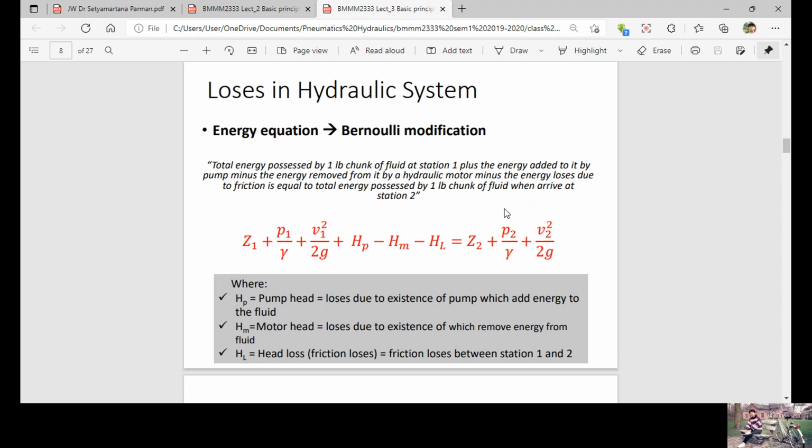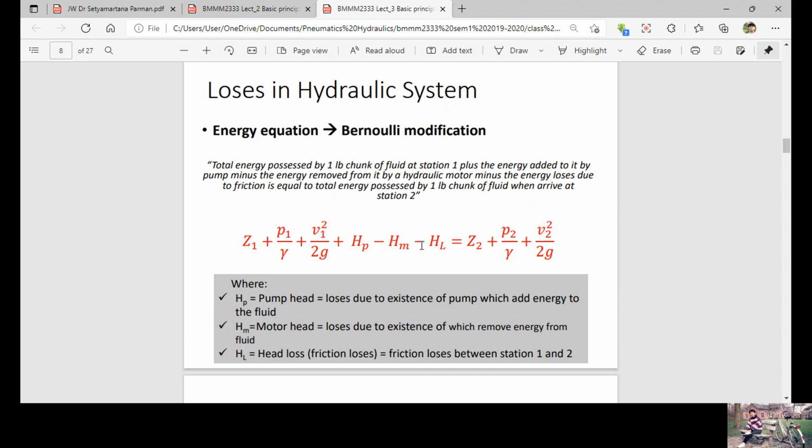So it can be expressed in this equation, where Hp in this case is the head of the pump, the energy given to the system, and then minus Hm, the motor head, which is the loss due to the existence of the motor which removes energy from the fluid, and then Hl is the head loss.